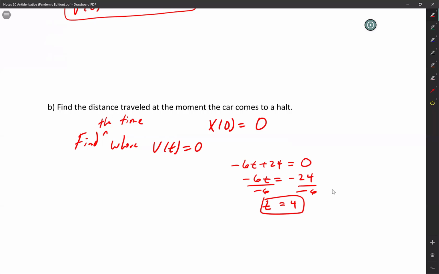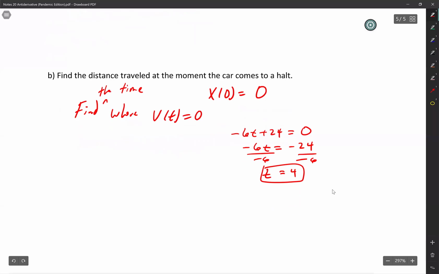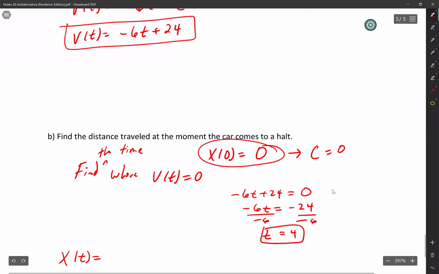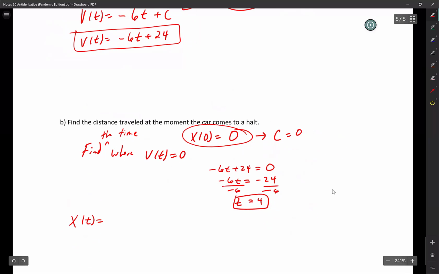So now I'm doing my position equation. X of t equals, and remember, we already know that x of 0 is 0. So my c is going to be 0. X of t is the antiderivative of negative 6t. If you see it, you can immediately just write negative 3t squared plus 24t.